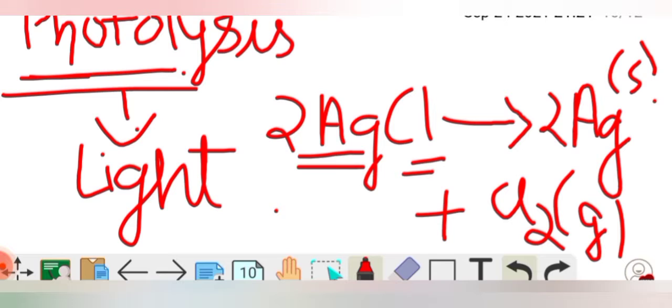So this was all about decomposition reactions. There are 3 types of decomposition reactions: thermal decomposition, involving heat; electrolysis, involving electrical energy; and photolysis or photochemical decomposition reaction, involving light energy. I will give you one more example of photolysis.